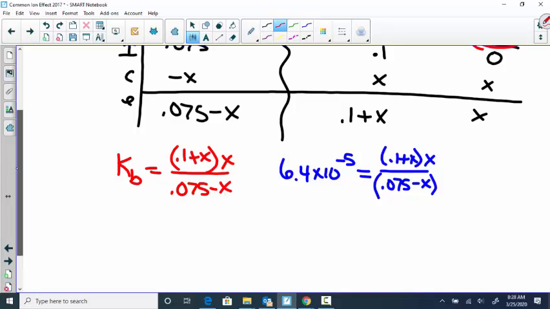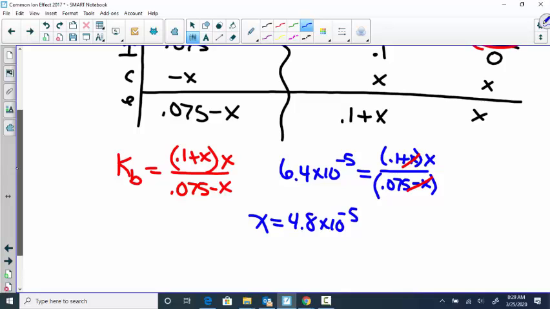And again, we have that 10 to the minus fifth, so I can eliminate that x, and I can eliminate that x. Now, from there, solve. Pause the video to solve. I'm not going to do that. And this is going to give you an x of 4.8 times 10 to the minus fifth.